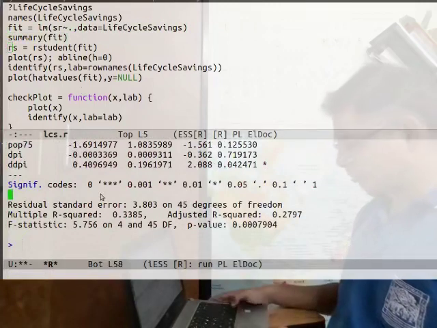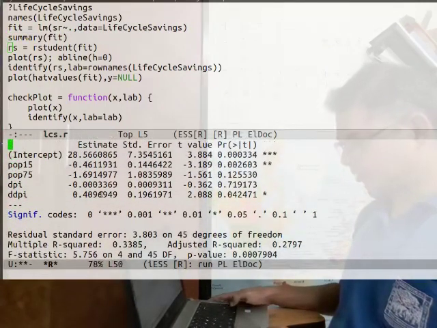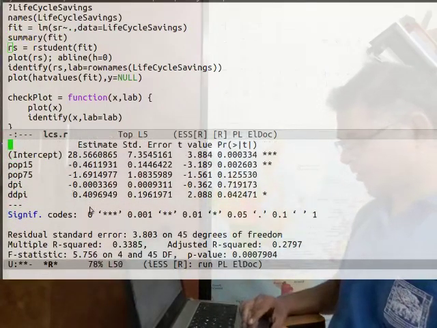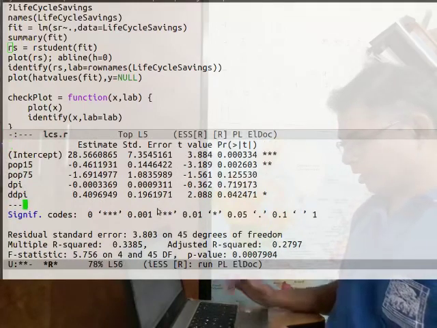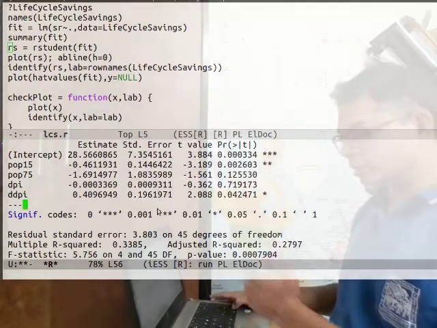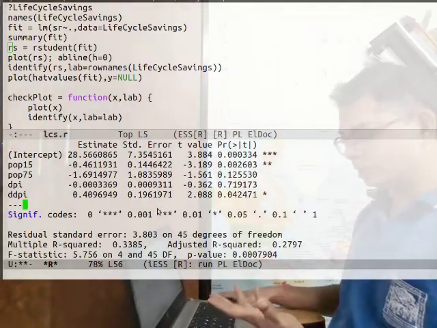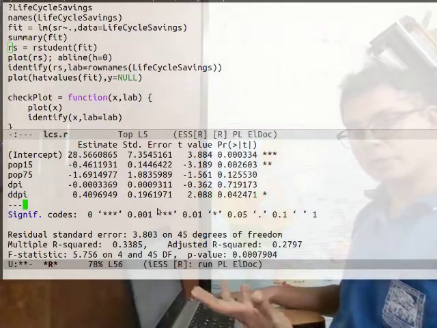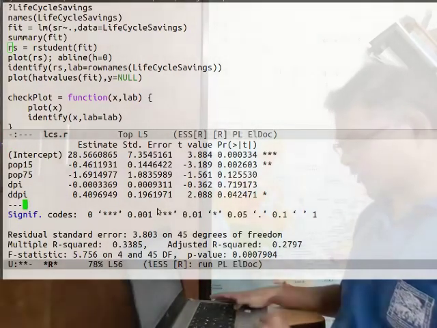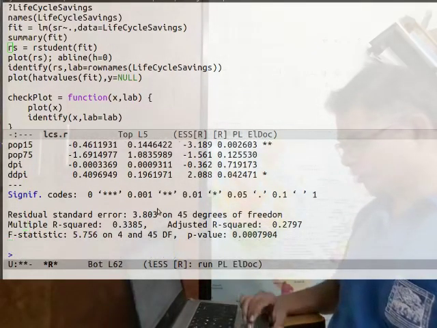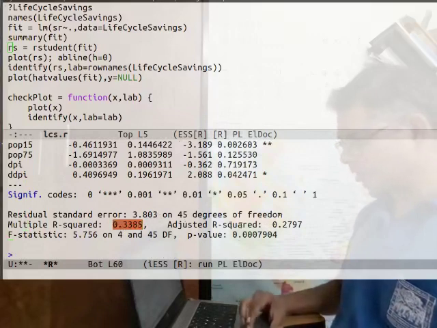I do a summary. These are my estimated coefficients, these are the standard errors, and some of them are significant, some of them are not. Now, I'm not going to discuss whether this fit really conforms to that model or not, because I really do not understand the model. I would just draw your attention to this multiple R square and adjusted R square.